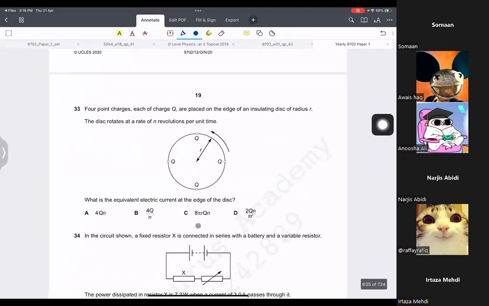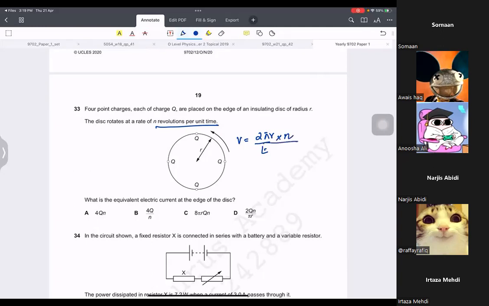Oh, this is cool. What is the equivalent electric current in the edge of the disk? What is the frequency? N revolutions per unit time. So 2 pi r is the distance and speed is equal to distance over time. N revolutions per time.